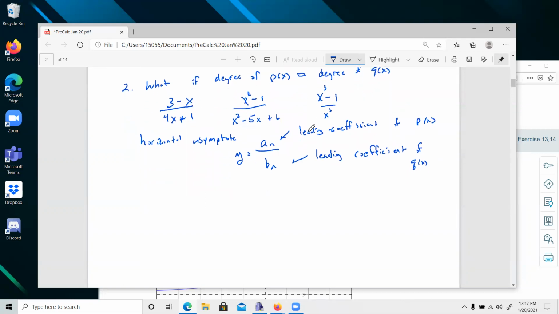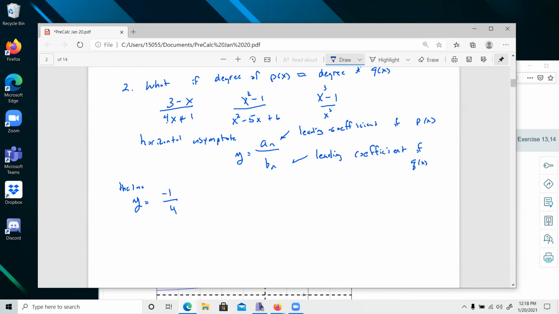I think the first one is the only one that's even remotely interesting here. We have y is equal to the leading coefficient on top, -1, over the leading coefficient on the bottom, 4. So the line y equals -1/4 is the horizontal asymptote here.